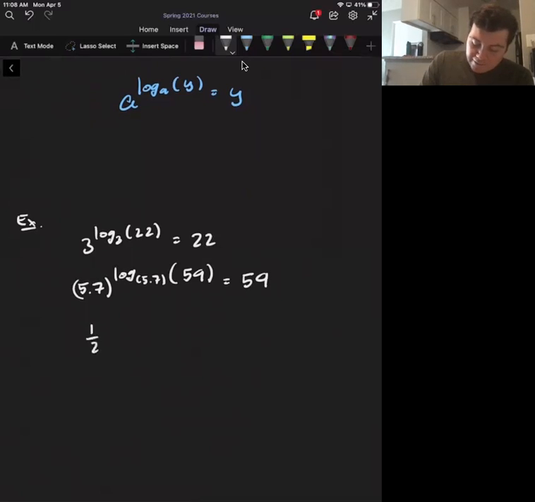Or 1/2 to the log of 1/2 of 1/4 just comes out to being 1/4. And so those are the inverse properties that allow us to quickly simplify some of these expressions.